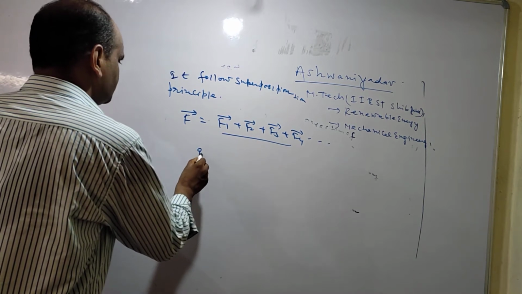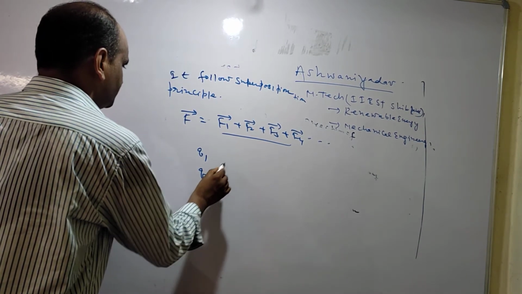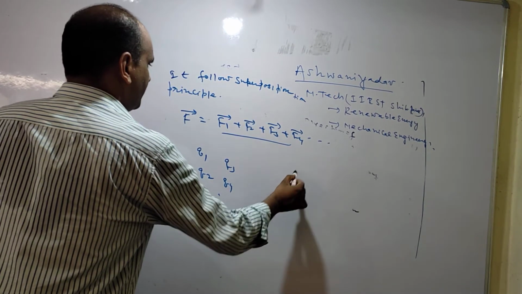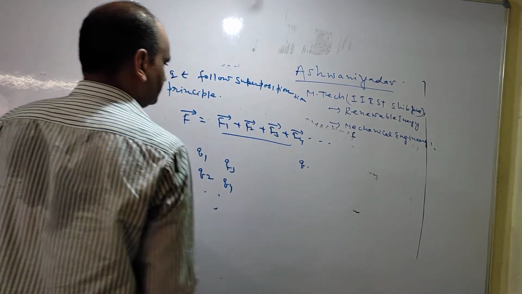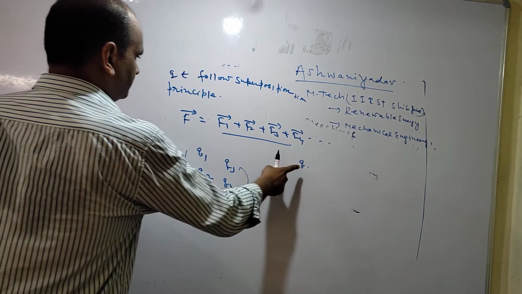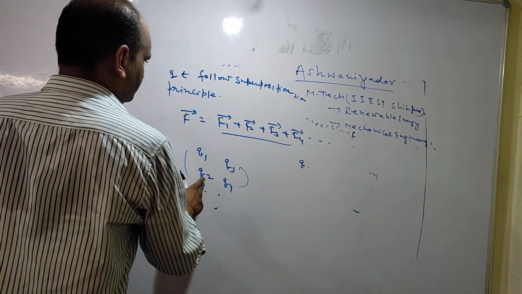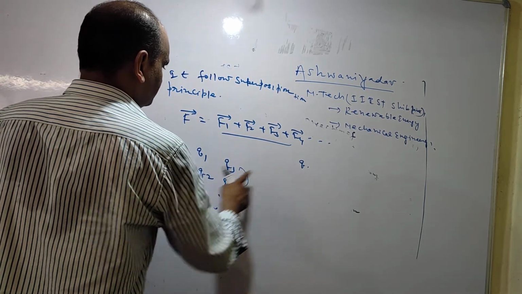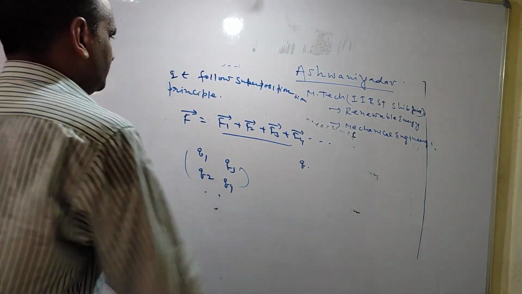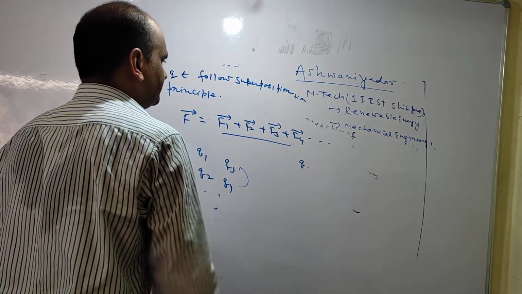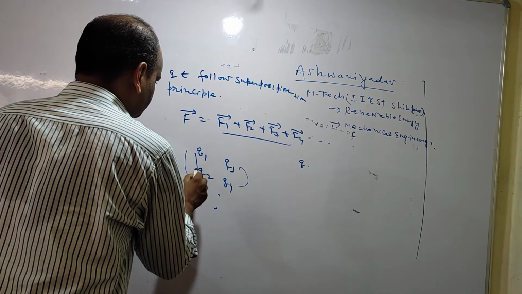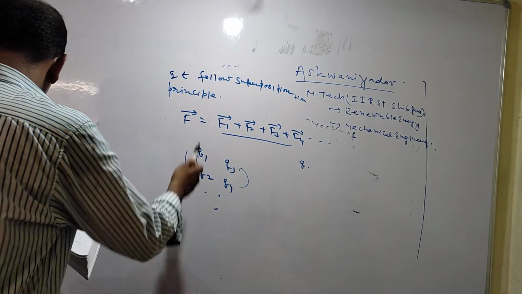Suppose you have discrete charges q1, q2, q3, q4 and so on, and you want the force on a charge q. Then you simply add the force due to charge q1 on it, then the force due to q2, q3 and q4. Just add these forces vectorially. This means the forces are not affecting each other.